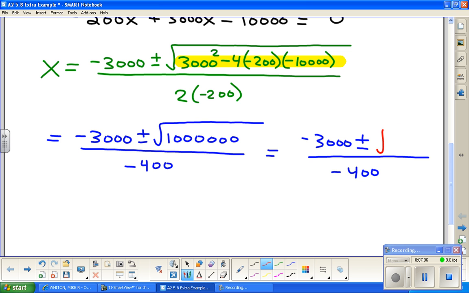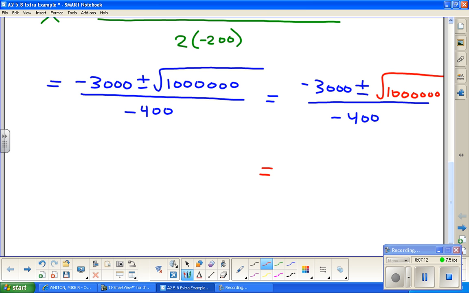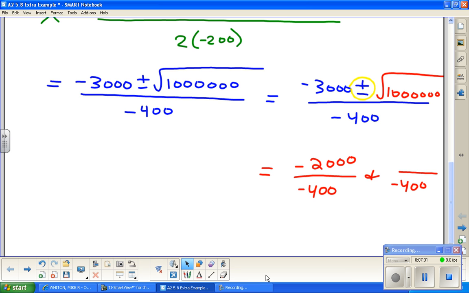So again, this is the square root of 1 million still, and doing that numerator, it was negative 2,000 over negative 400. Let's see what it is when we do the subtraction, because remember, we have to do both. We just did the one with the plus. If we do the one with the minus, it would be negative 3,000 minus the square root of 1 million.